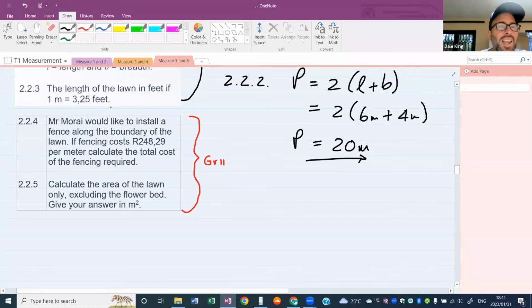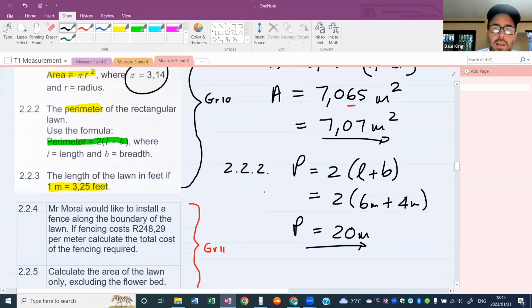2.2.3, calculate the length of the lawn in feet. Now, if you were here in week 1, you would have learned about this. We are changing imperial to metric. And remember, if they're changing imperial to metric, they have to give you the conversion. There it is. They gave us the conversion. We need to know the length of the lawn in feet, if 1 meter is 3,25 feet.